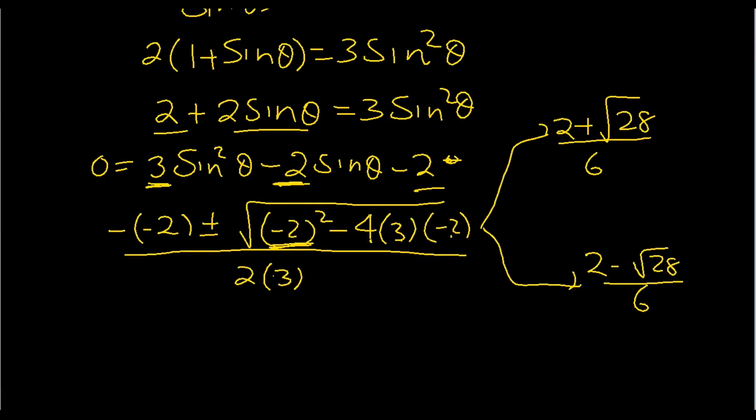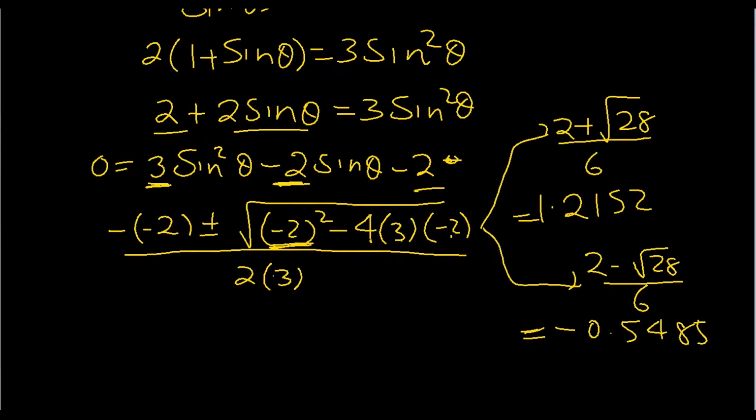So if we evaluate them, the first one is 1.2152. There are more digits, but I think 4 digits are enough for this one. And this gives us minus 0.5485.